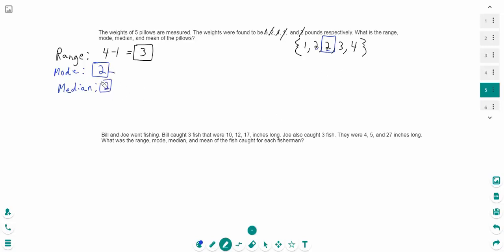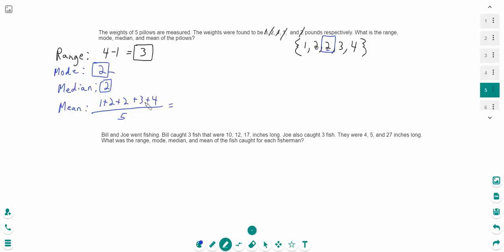And then we have the mean. So let's look for the mean. And remember, the mean just means average. So to find the average, we add up all of our data points, and we divide it by the number of data points we have, which is 5. And what do we get?